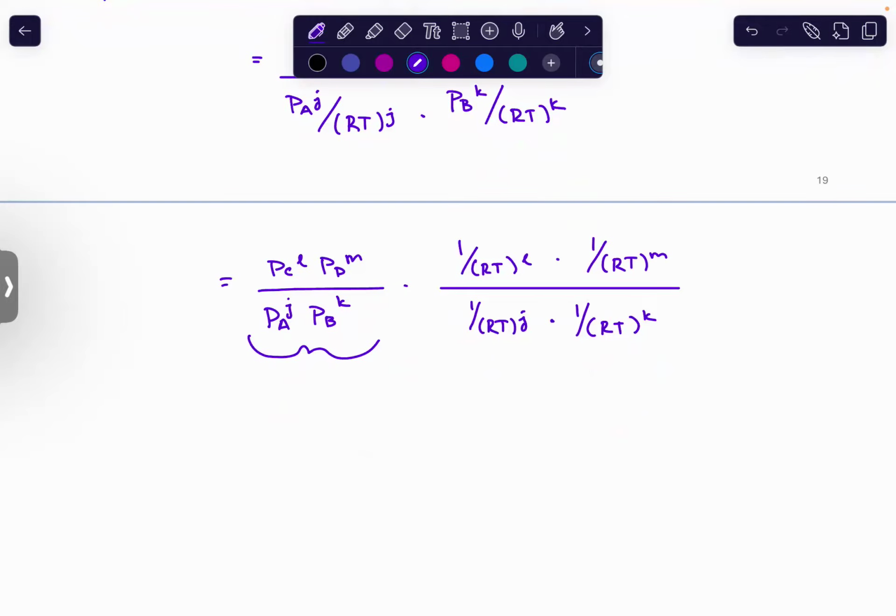This is our Kp value. And I'm going to multiply these two together. And I'm going to get, let's see, 1 over RT to the L times RT to the M.